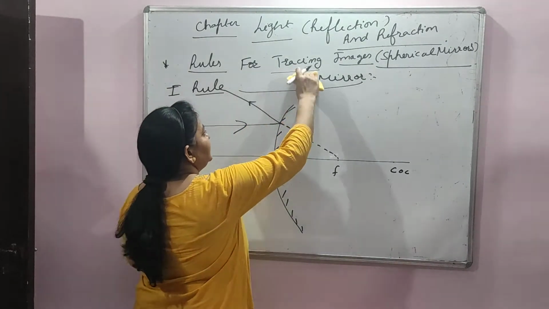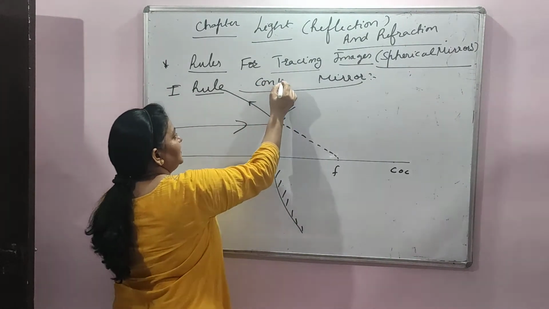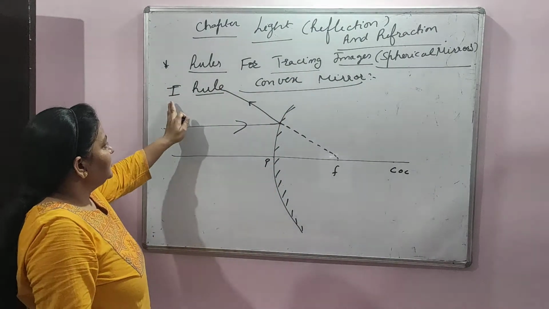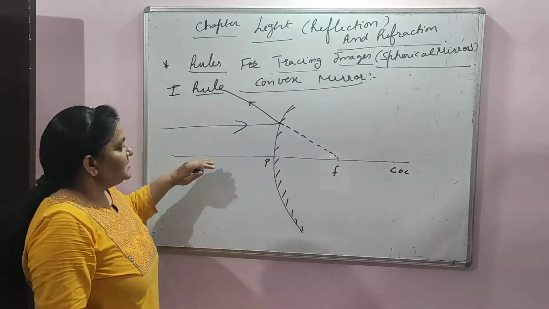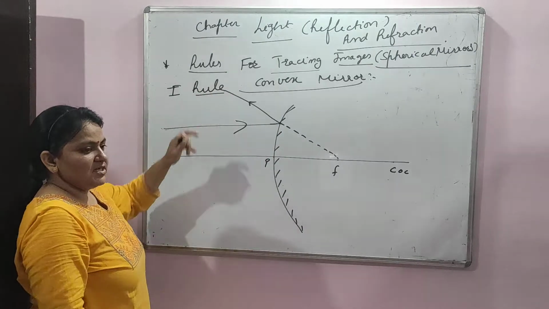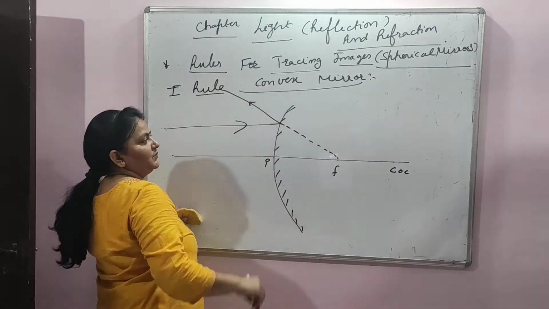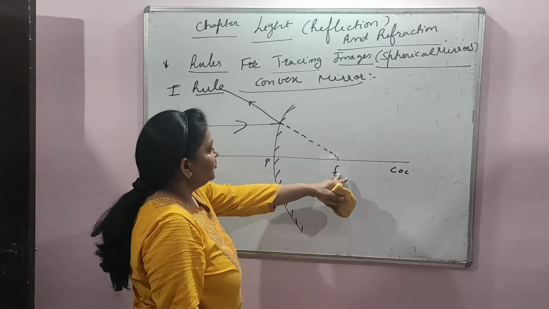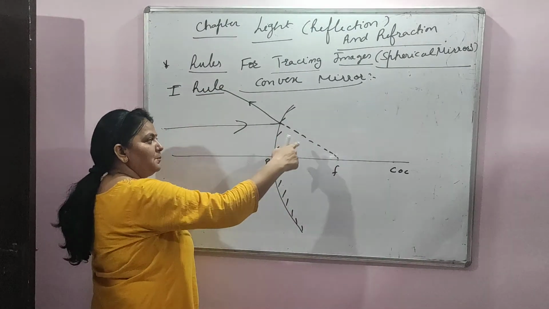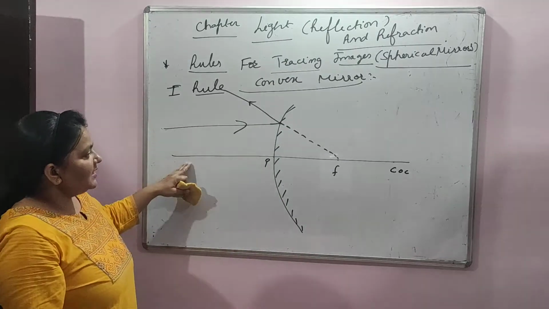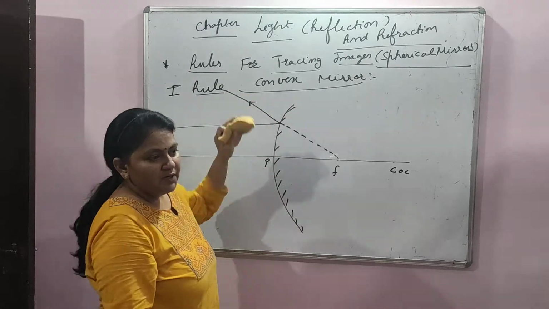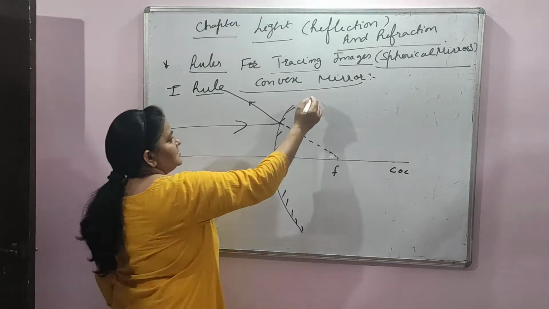I am tracing the image here now for a convex mirror. The first rule for concave we have done. Now this is the first rule for convex mirror. An incident ray which is parallel to the principal axis, after reflection, will appear to diverge from the principal focus.